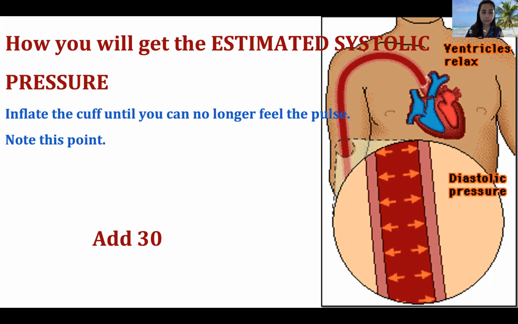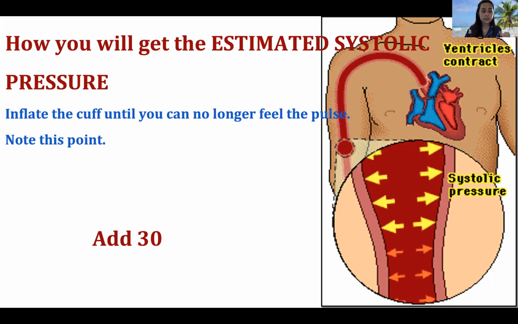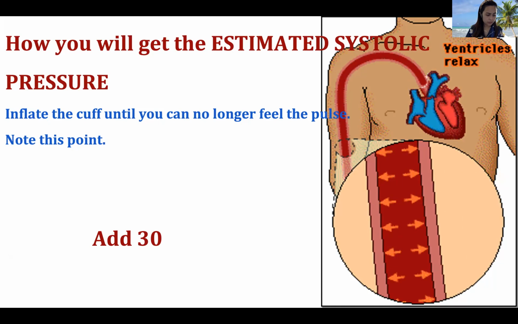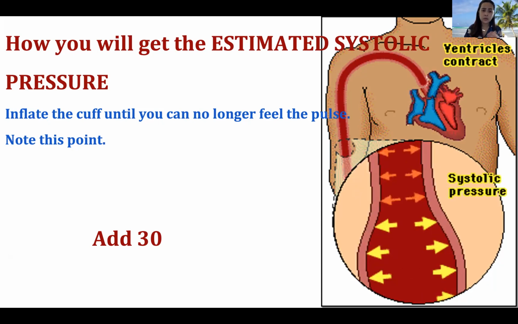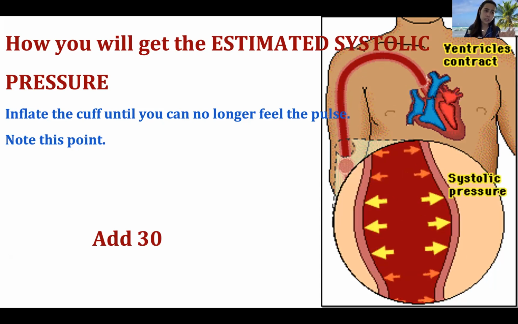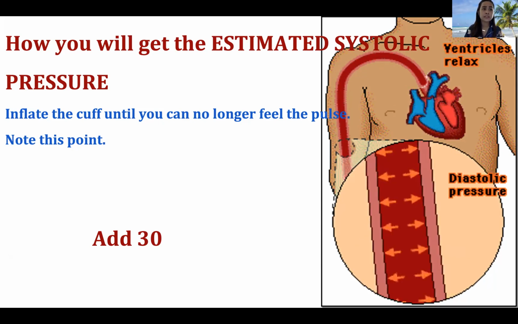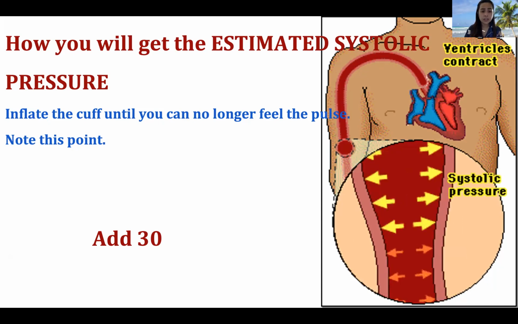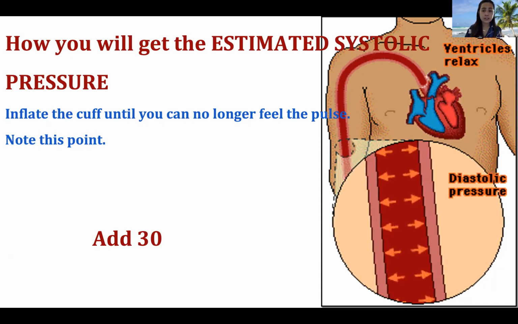We cannot just go by the patient telling you my last BP is 160 over 80, so you will pump until over 160. What if your patient's blood pressure has already increased to 200 and you pump only to 160? It will be inaccurate. So to get the estimated systolic pressure accurately, we should do this process.